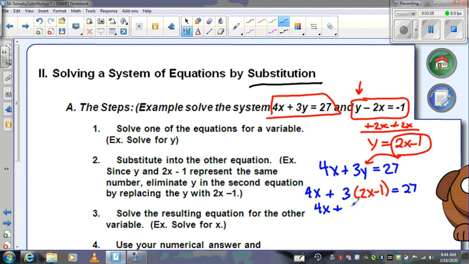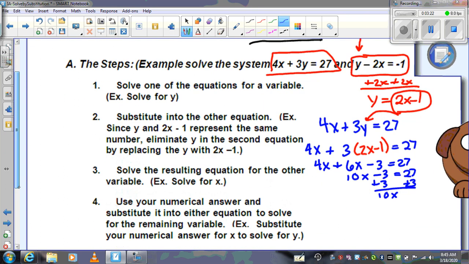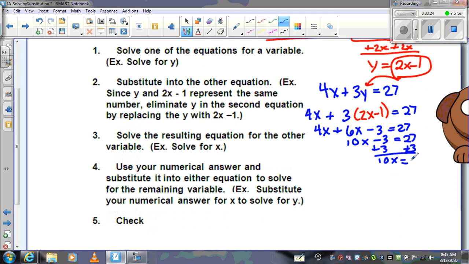So let's use our distributive property here. So I have my first part of my answer, x is equal to 3.